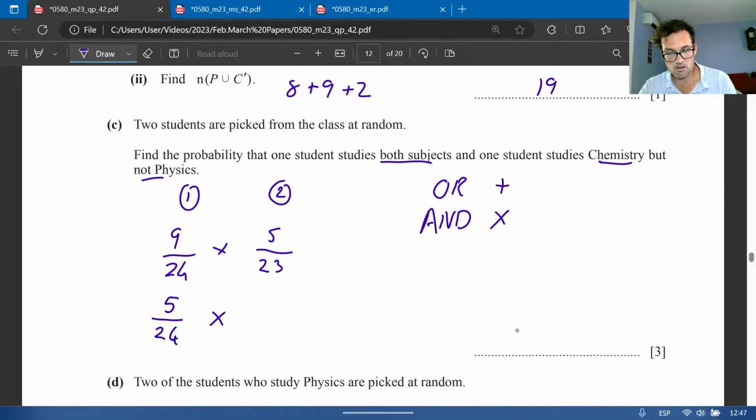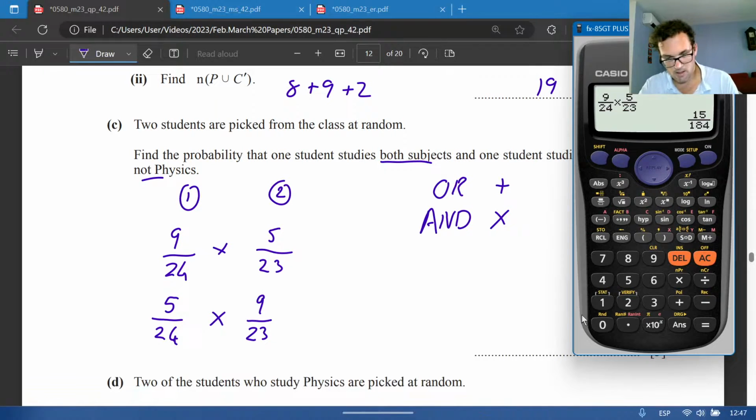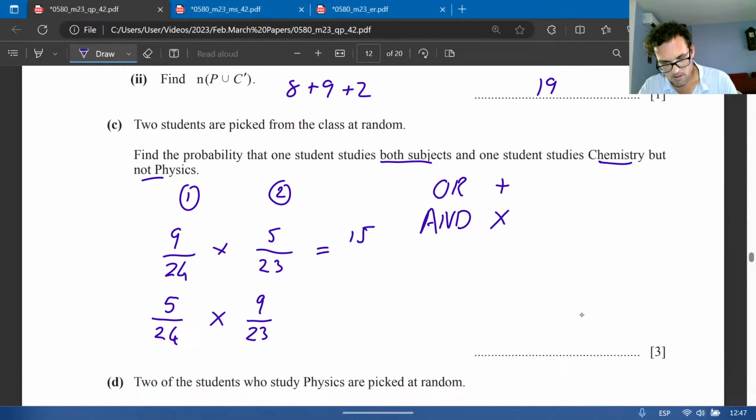And then we pick one of the 9 that studies both, but there's only 23 students left. Well, you note that this is very similar. In fact, these two will give you the same answer, which we got before. 15 out of 184.